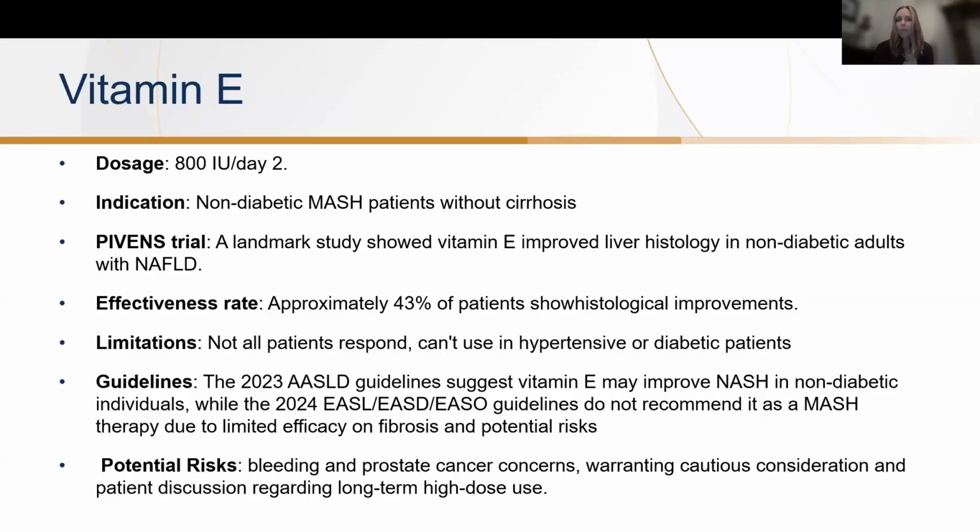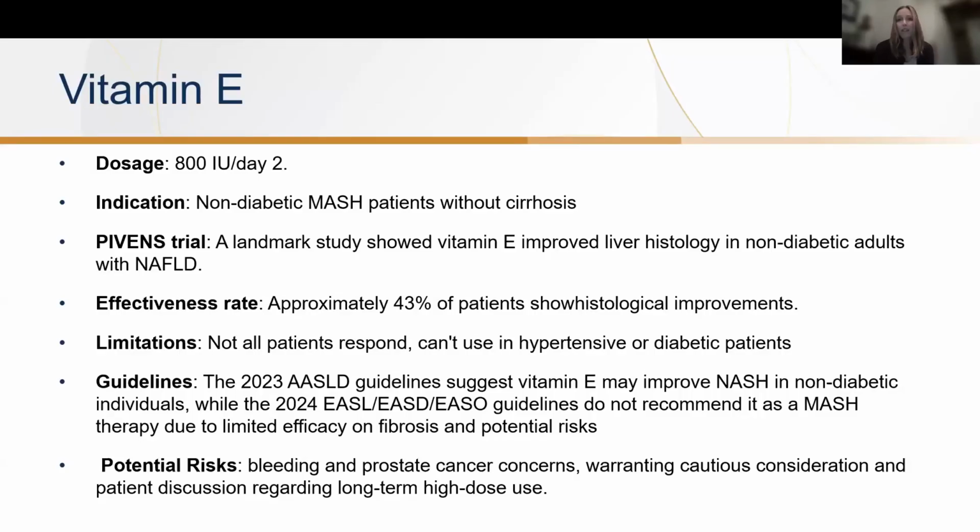And this happened in approximately 43% of patients. Now, limitations: not all patients respond, and we should not use it in diabetics or hypertensive patients. It can interact with your diabetic medications.